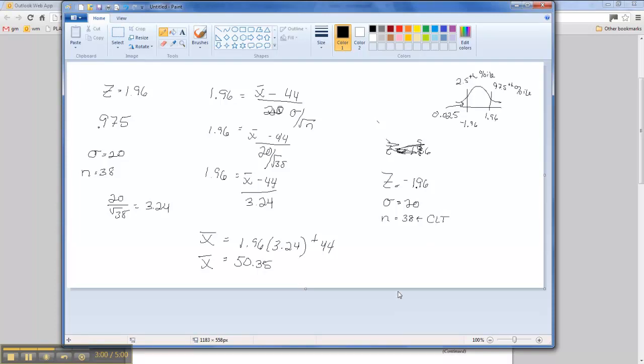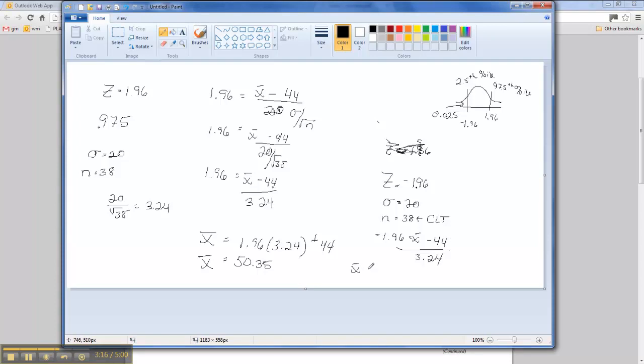So all I would do is go negative 1.96 equals x bar minus 44 over 3.24, which was from here, and then solve for x bar.